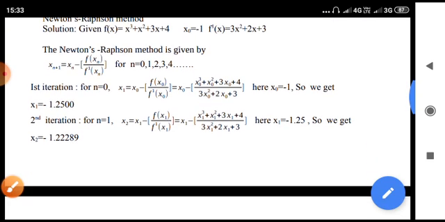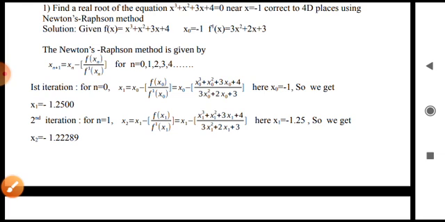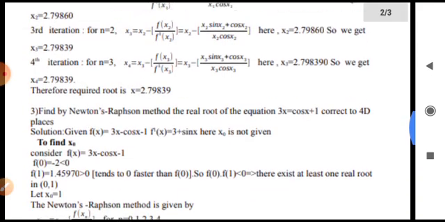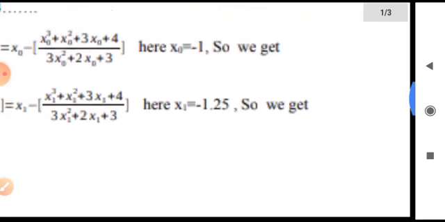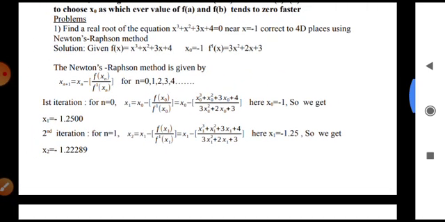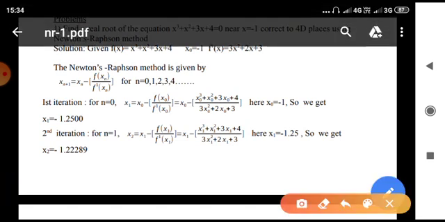Now we obtain the second iteration. For n equal to 1, formula becomes x2 = x1 - f(x1) / f'(x1), which is equal to x1 - (x1^3 + x1^2 + 3x1 + 4) / (3x1^2 + 2x1 + 3), and we know that from the previous step x1 value is -1.25.